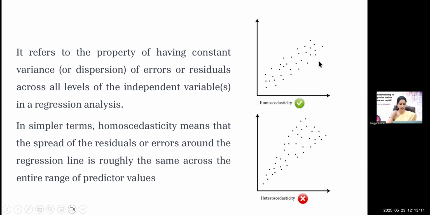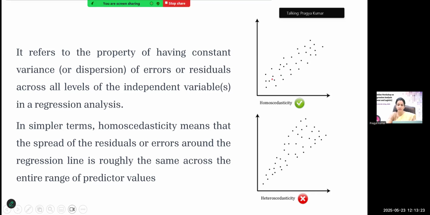If I draw a line, the distances of the individual points are approximately similar across the line. But if you see this, here the spread is less and here the spread is more. So the residual variances are not the same across all values.